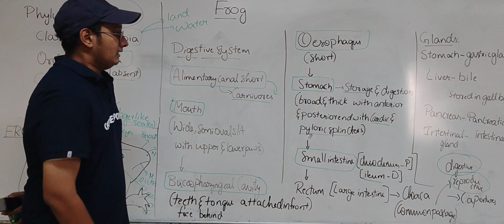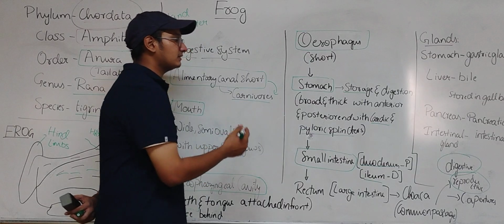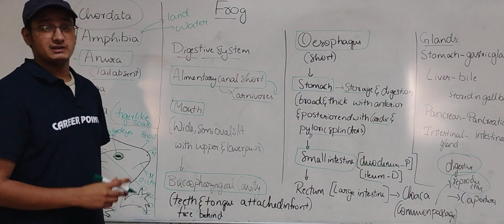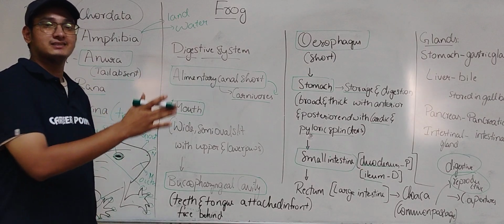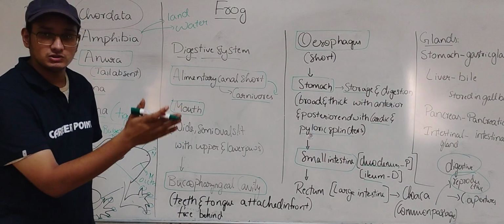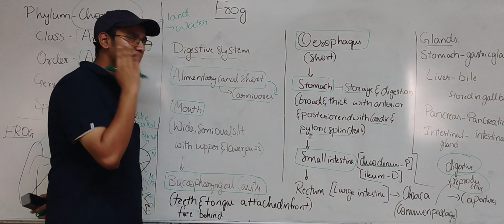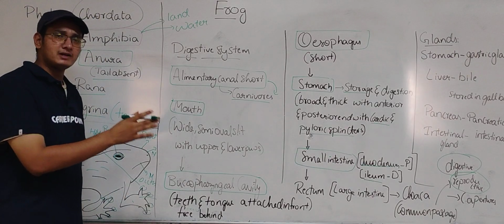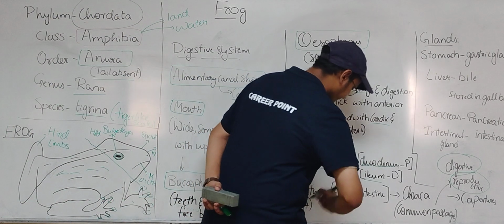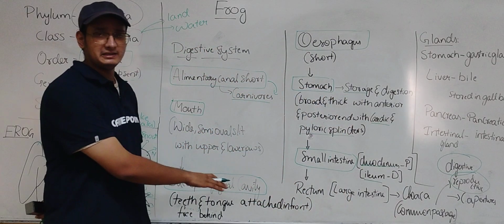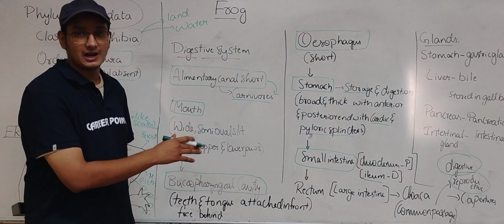The stomach is broad and thick, with cardiac and pyloric sphincters at the anterior and posterior ends. It helps in the passage of food from the esophagus into the small intestine. The proximal part of the small intestine has the duodenum and the distal part has the ileum. The food from the small intestine enters the rectum, the large intestine.